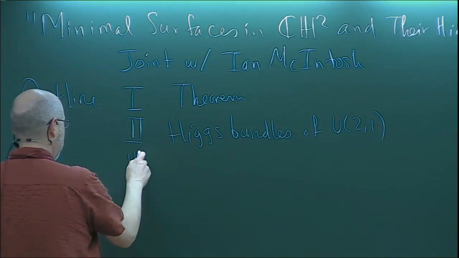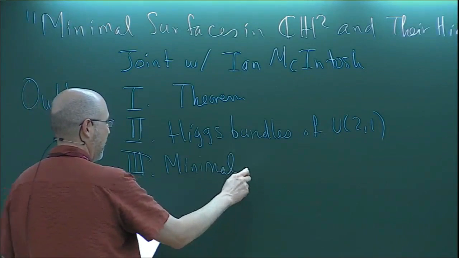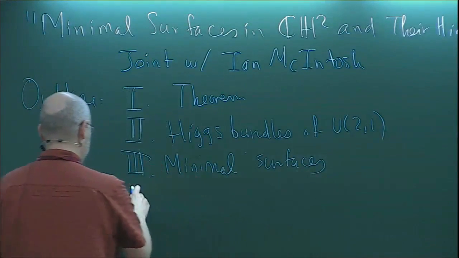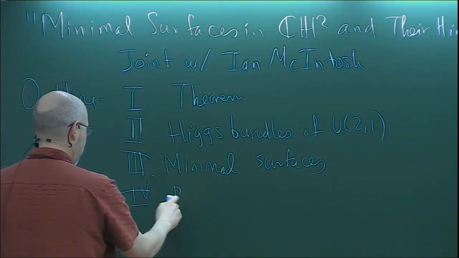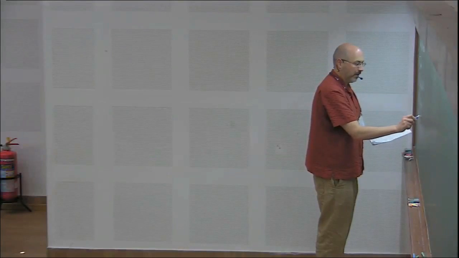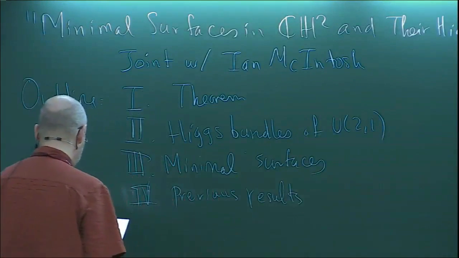Then I'll say a little bit about minimal surfaces and how they relate to Higgs bundles in this case, and then some previous results and some geometry related to this.